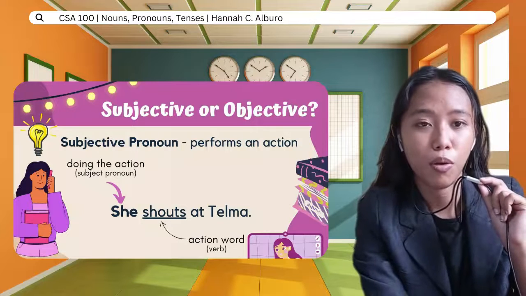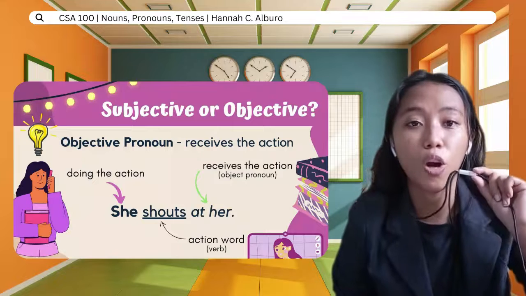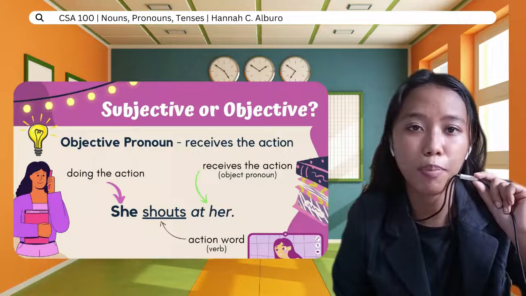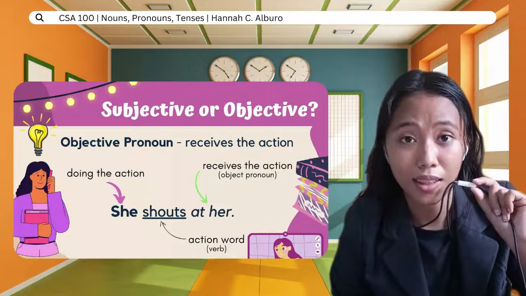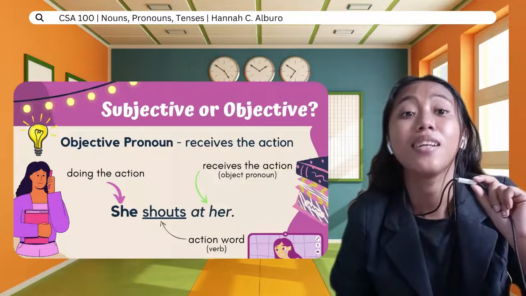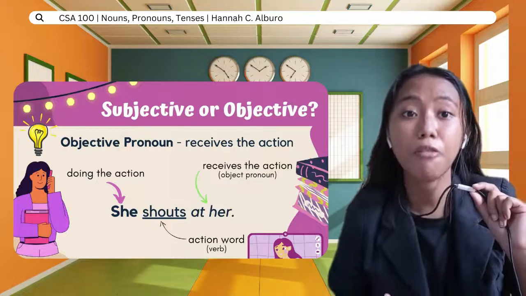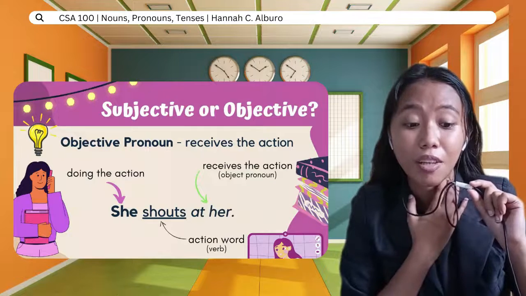Now, let us move on to the next one, the objective pronoun. The objective pronoun is the one that receives the action. Let's take a look at the sentence: she shouts at her. The pronoun she still functions as a subjective pronoun. Why?